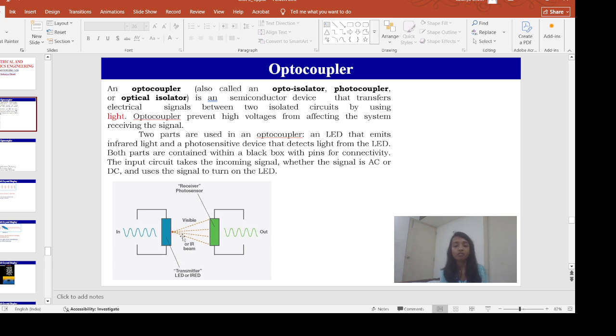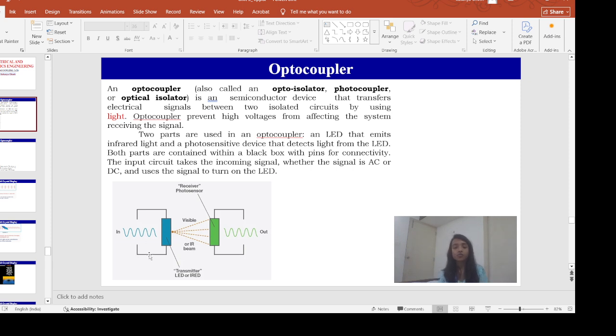We know the wavelength of infrared light is between 700 nanometer to 1 millimeter, and the infrared frequency is very high, around 300 gigahertz to 400 terahertz. So we can't actually observe this infrared light with our bare eyes.